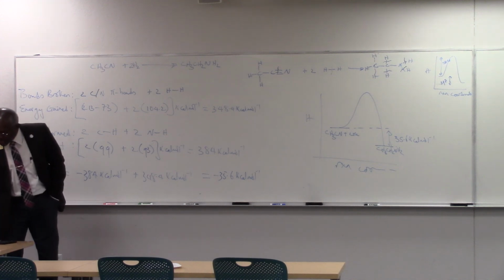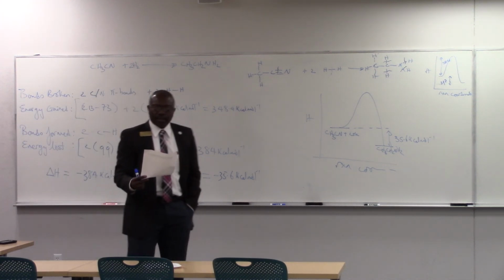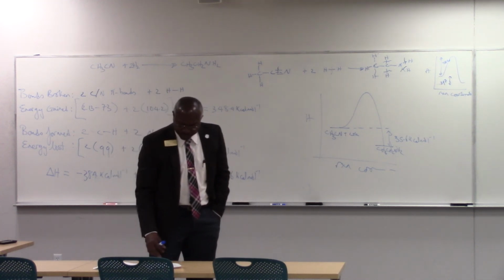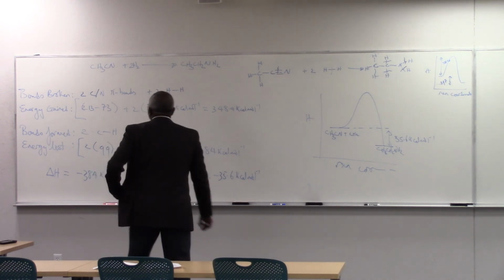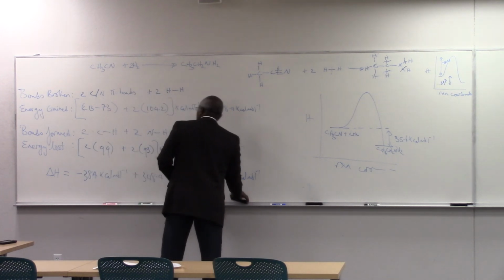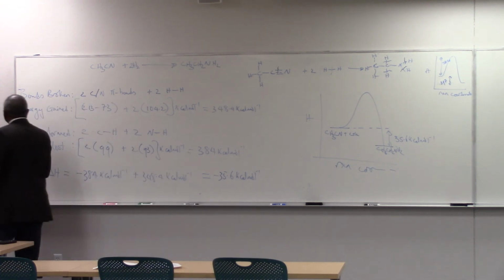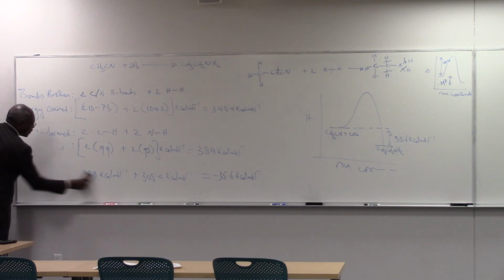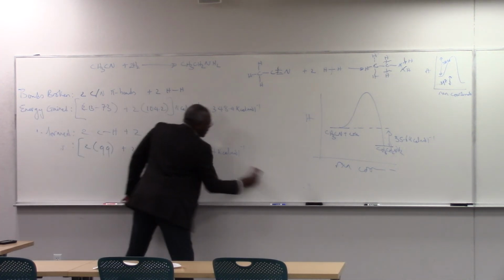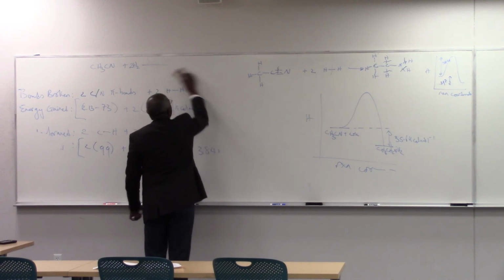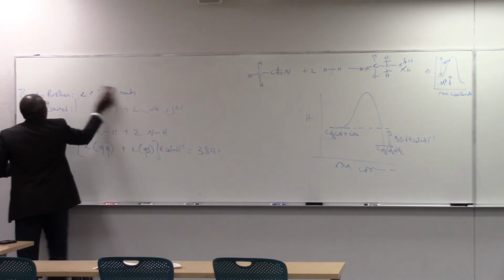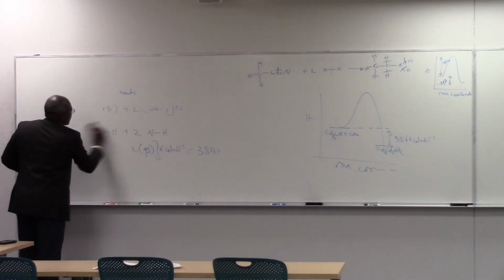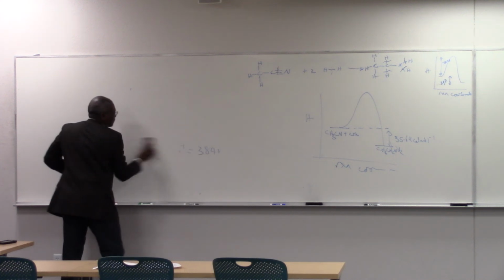Okay, so that's essentially how we use the table to calculate the delta H values for reactions. We want to talk a little bit now about reaction profile diagrams in more detail. What we do is go back to our very simplified diagram, which draws a single curve, a single hump for the reactions.